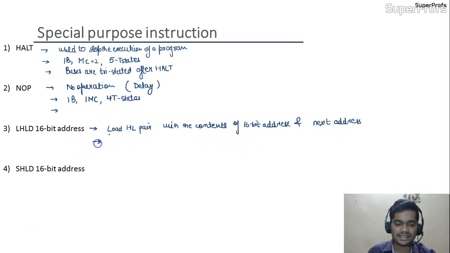So the bytes involved would be 3 bytes because there is a 16-bit address present. And what are the number of cycles? First cycle would be the fetch cycle, that is taking the opcode from the memory.